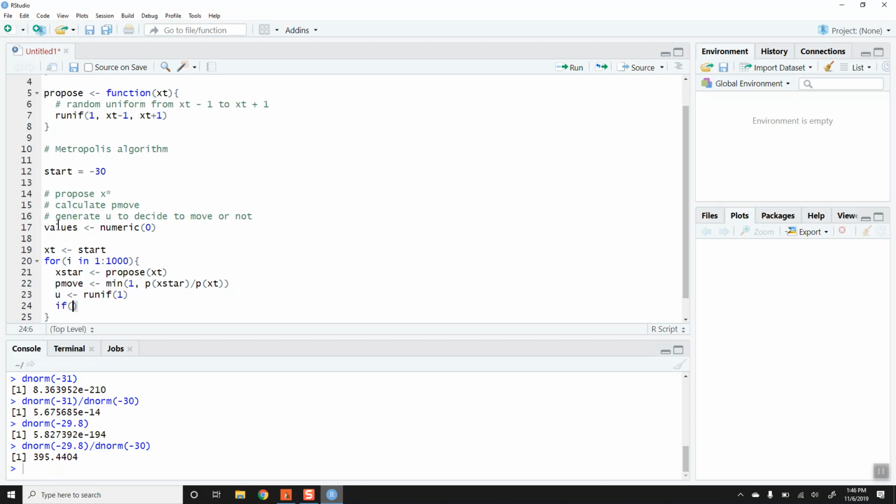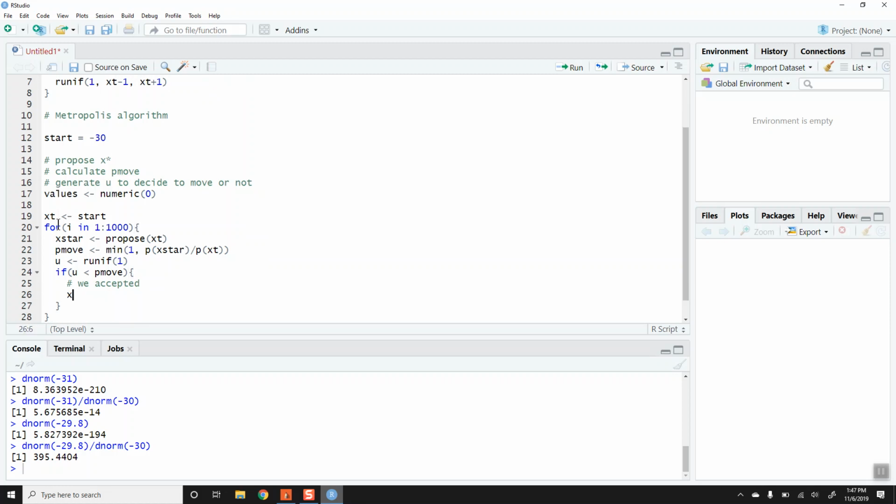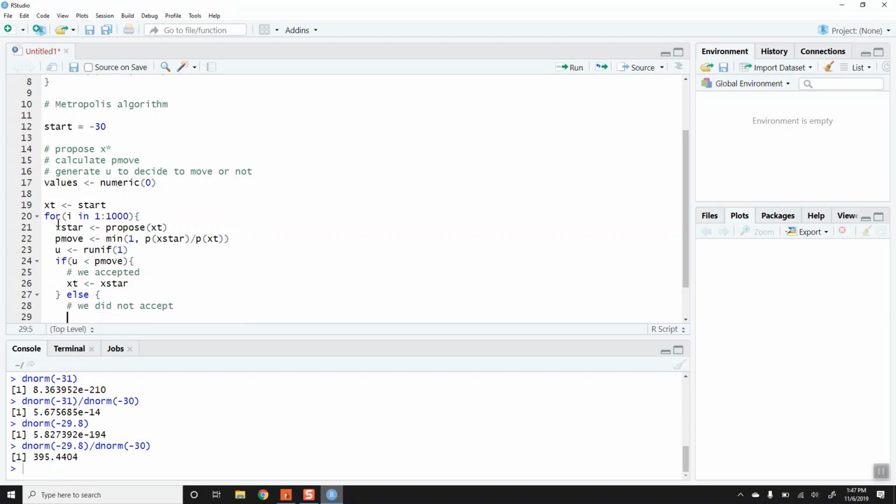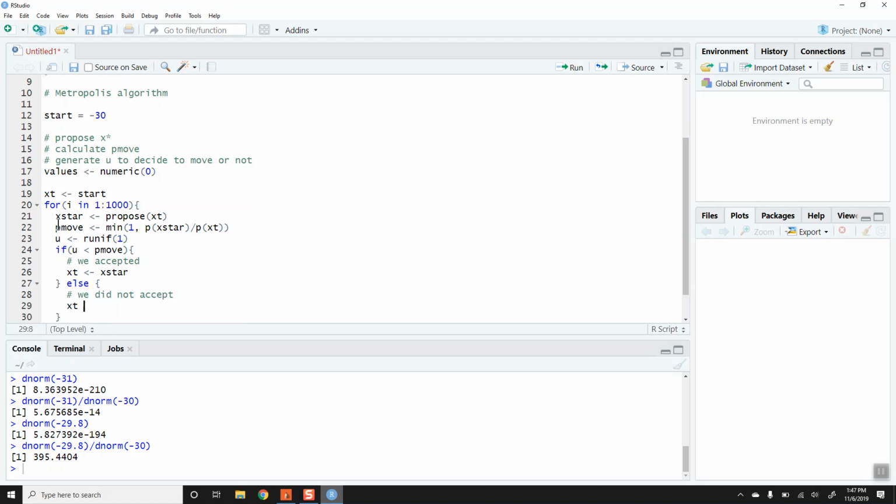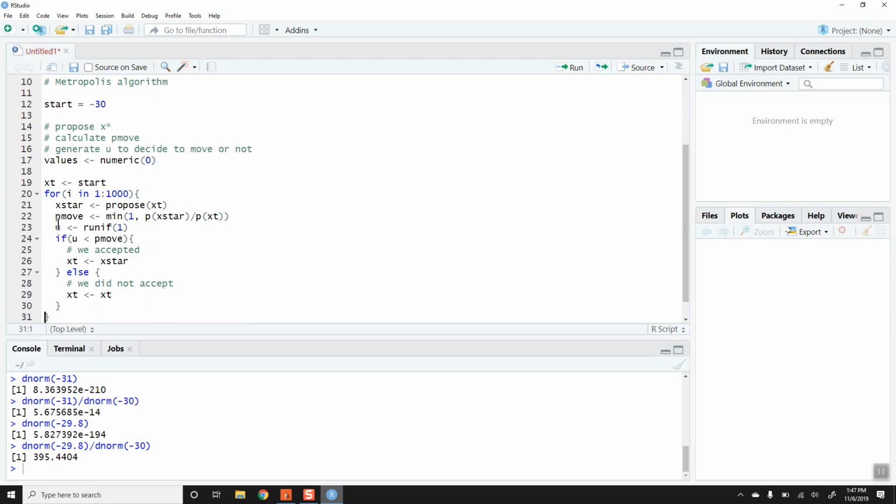And then if u is less than p move, what does that mean? That means we accepted. And so x star will become our next xt. And else we did not accept, and I guess this is completely unnecessary, but xt becomes xt.